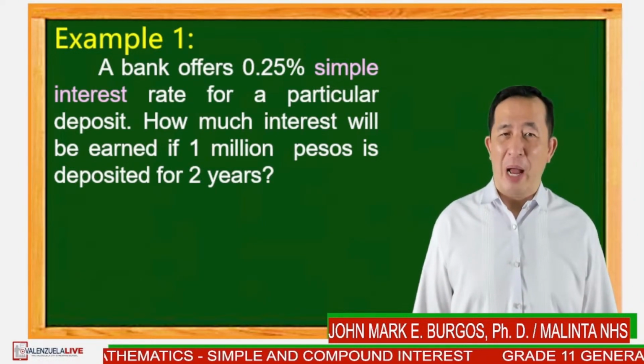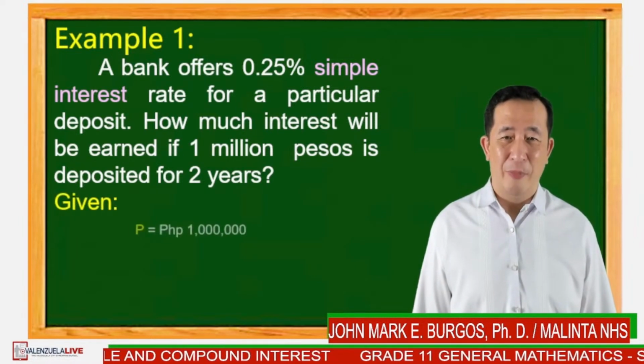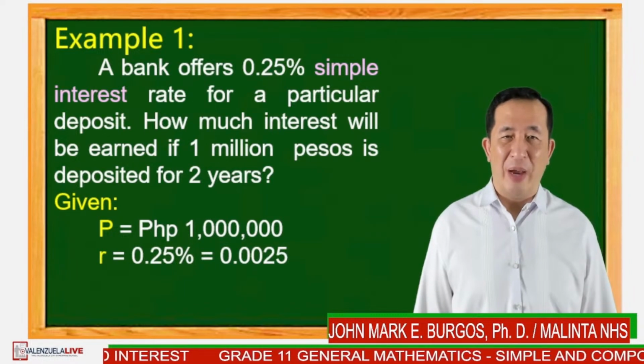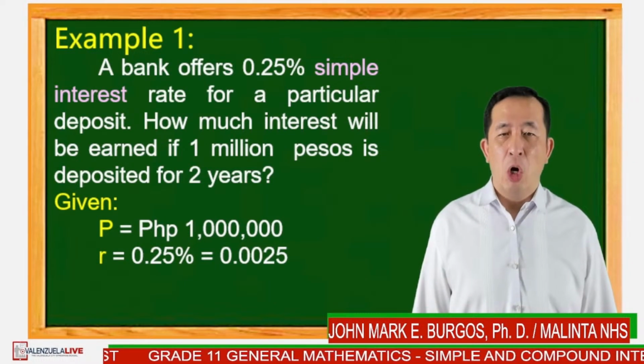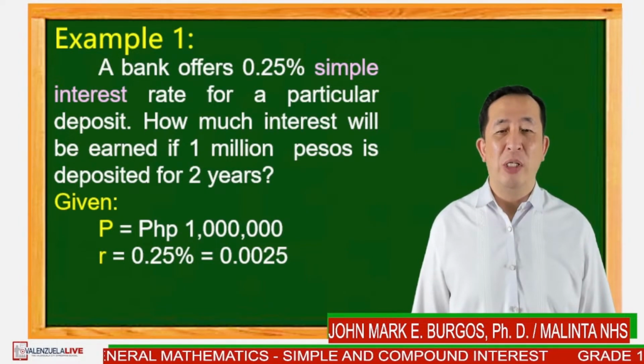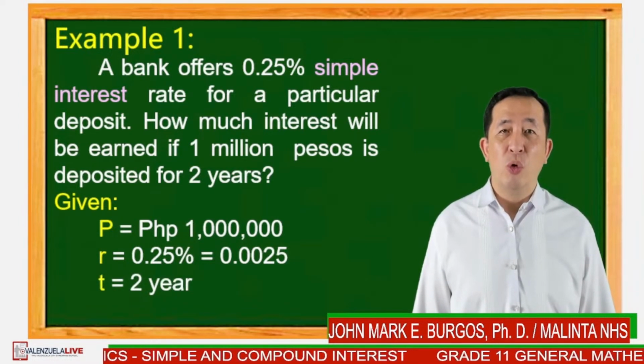From the problem, we have the given P, which is equal to 1 million pesos, R or rate, which is 2,500%, or if you convert that into decimal, it will be 0.0025, and T is equal to 2 years.